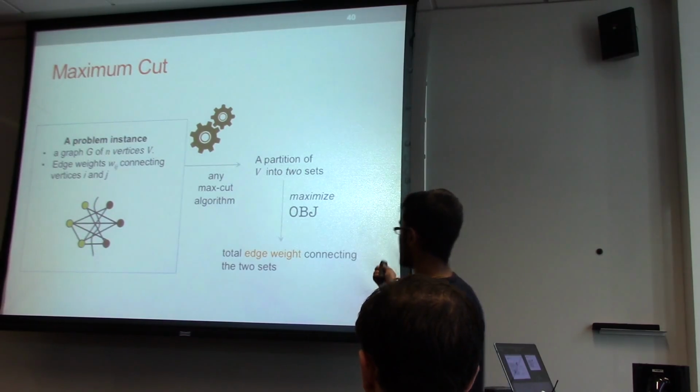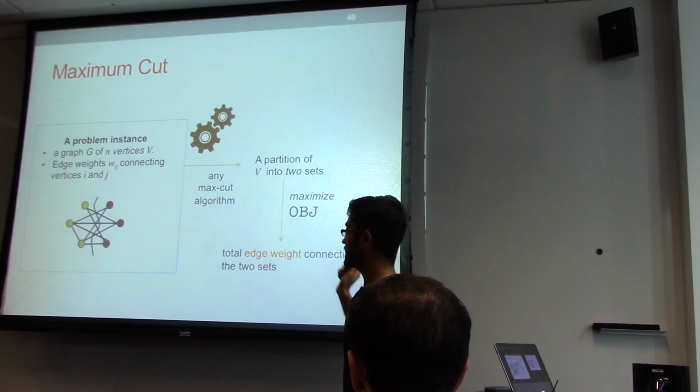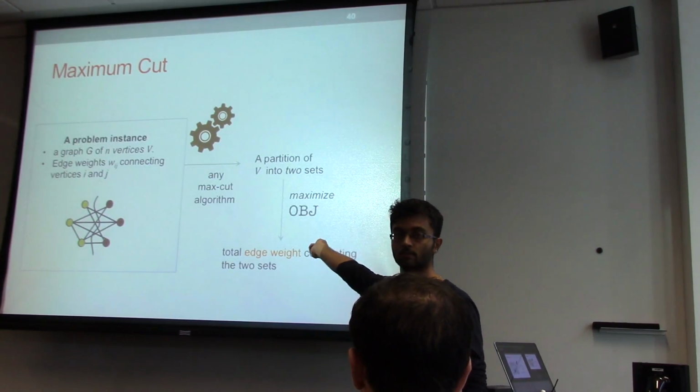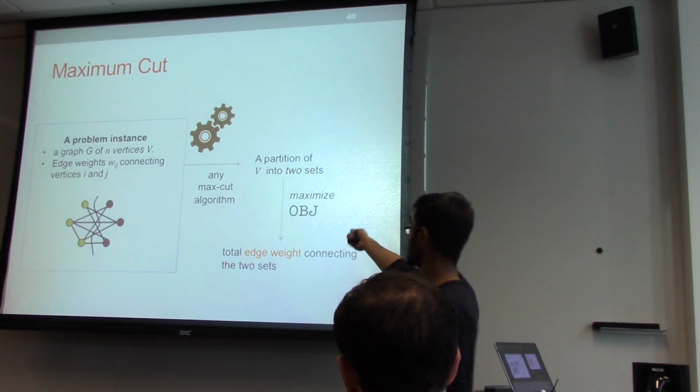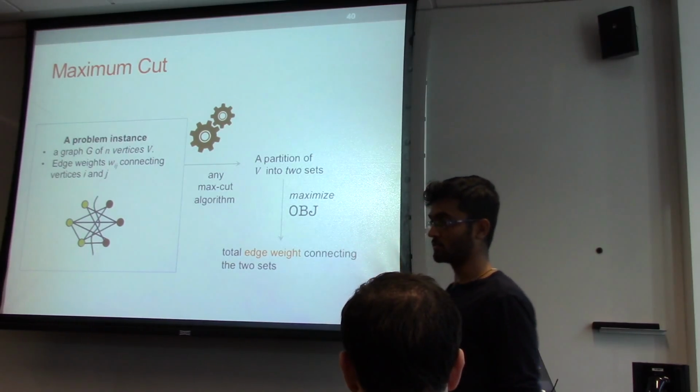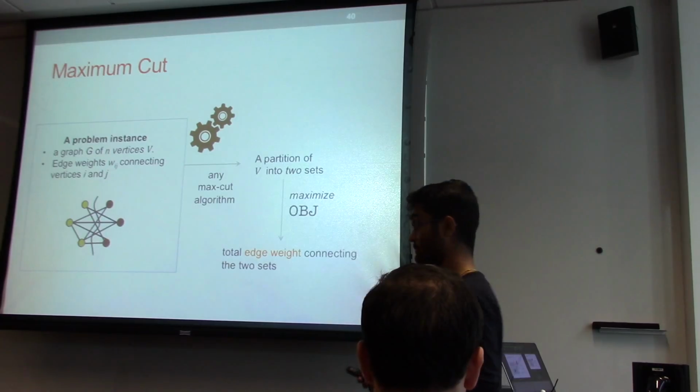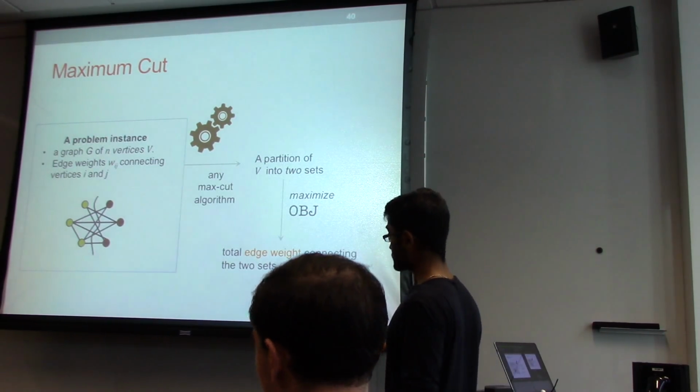What exactly you want to maximize is the total edge weight connecting these two sets. Okay, I'm going to use the term objective instead of cost. It's just a small thing because I want to maximize it and not minimize it. So it's essentially the same as the cost that we discussed in the previous part of the talk.